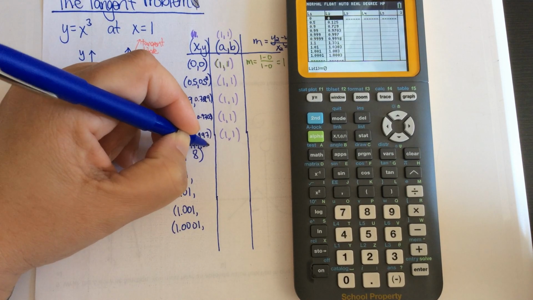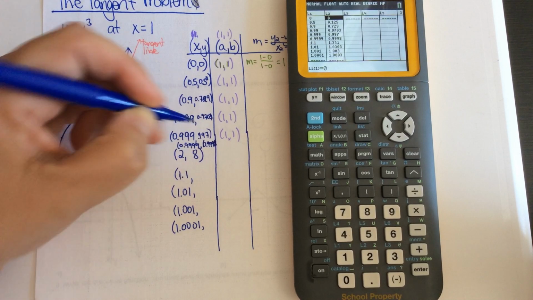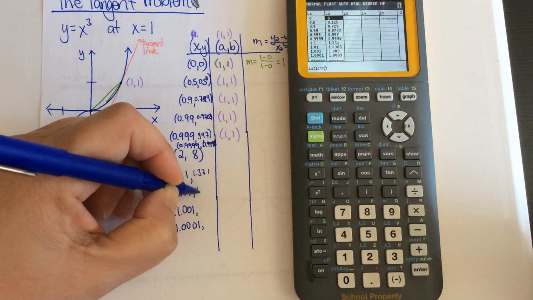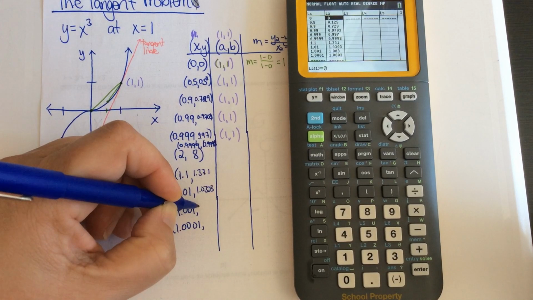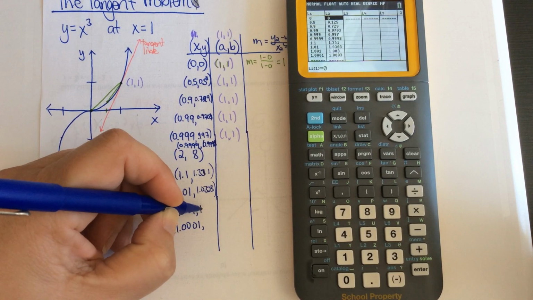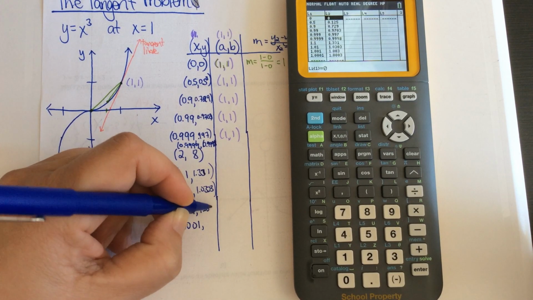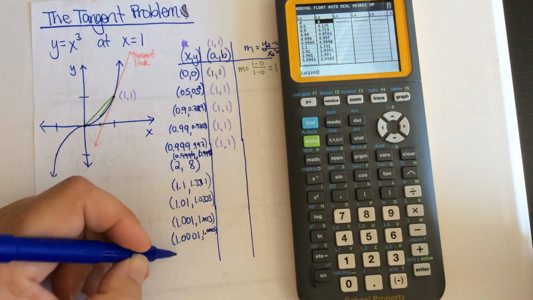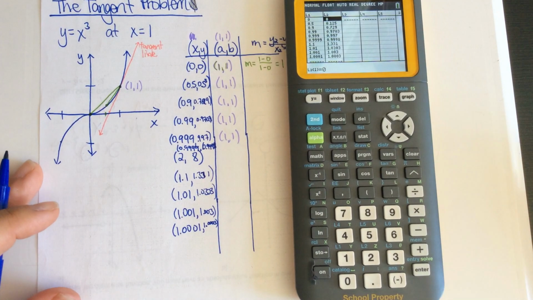I don't want to keep you guys on to write all of these out. This is just going to take another second. These are the y values that are corresponding to these x values that we picked to get really close, okay?